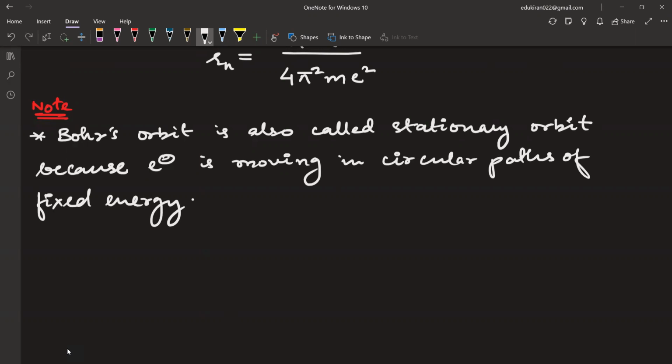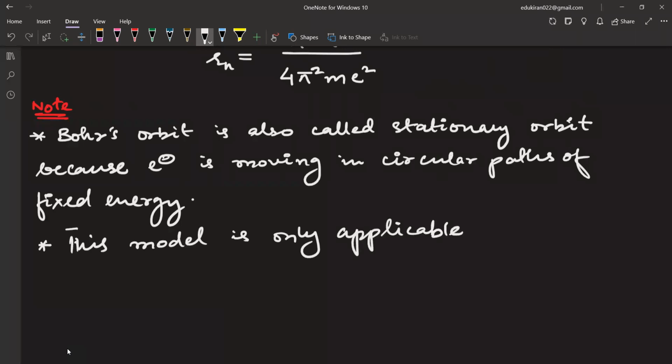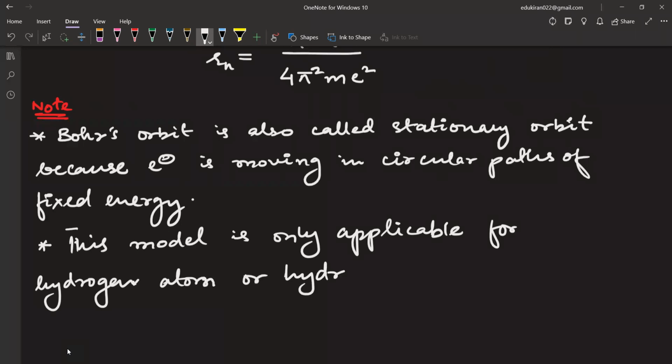Also, this model is only applicable for hydrogen atom or hydrogen-like atom, that is, one electron system.